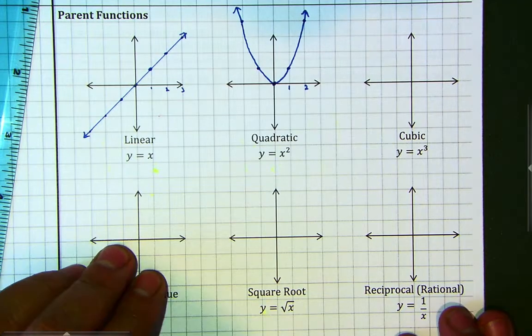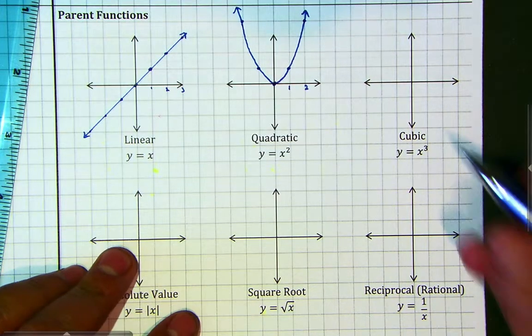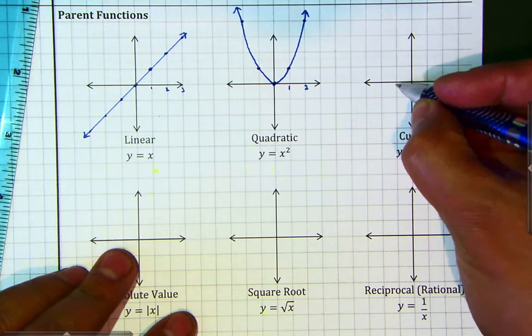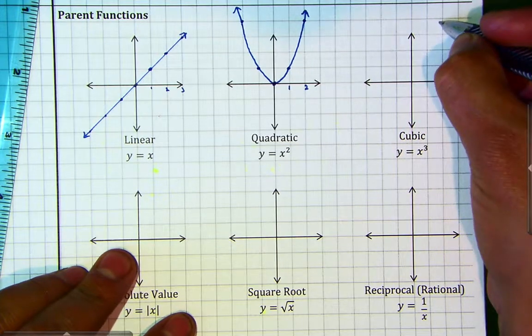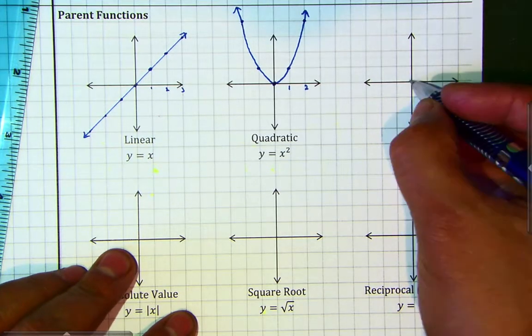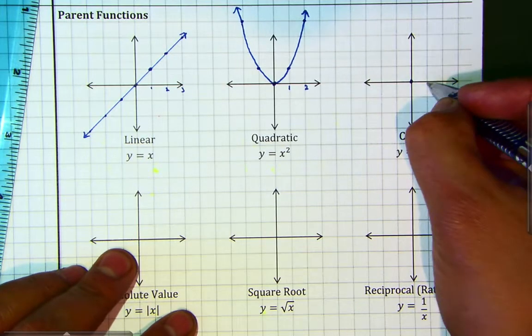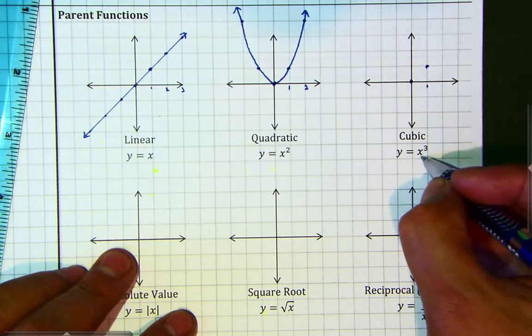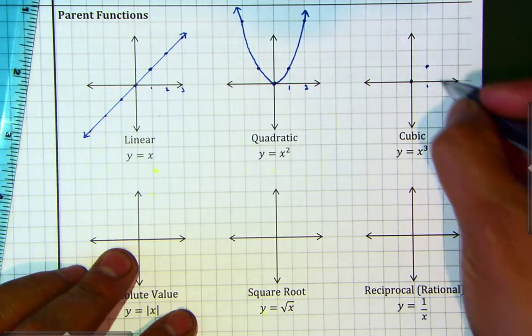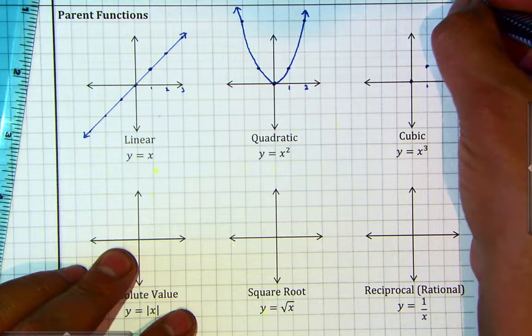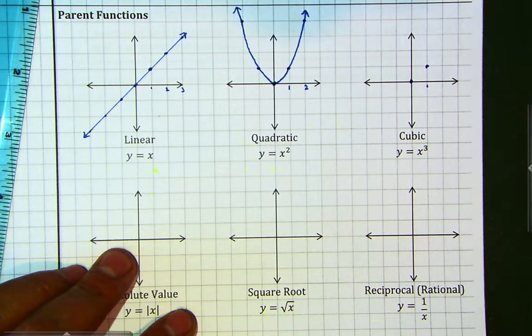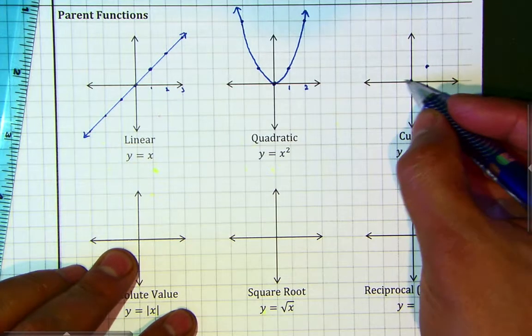Cubic. X to the third looks something like this. If I plug in a 0, it gives me 0. I plug in a 1, 1 to the third power is 1. Plug in a 2, 2 to the third power is 8. Plug in a negative 1 gives me negative 1.